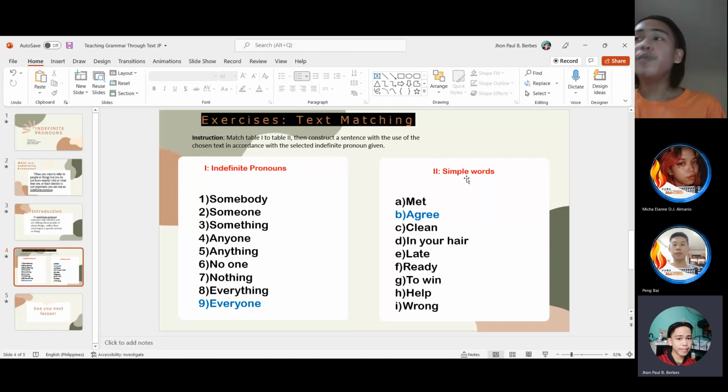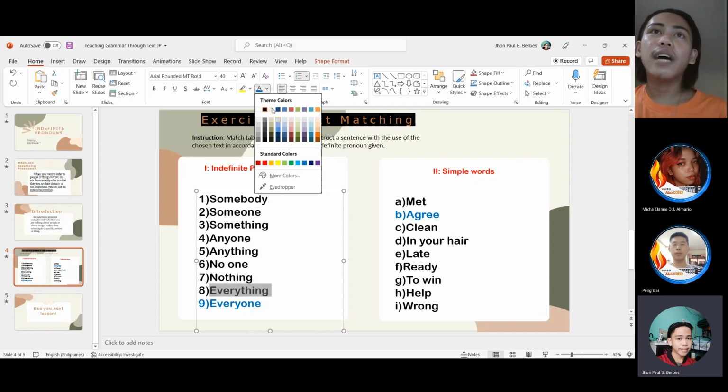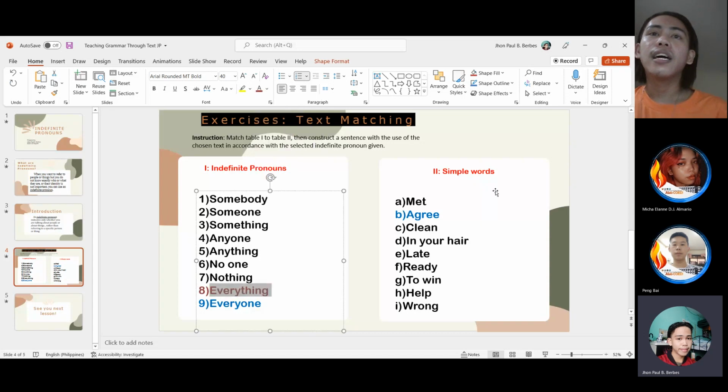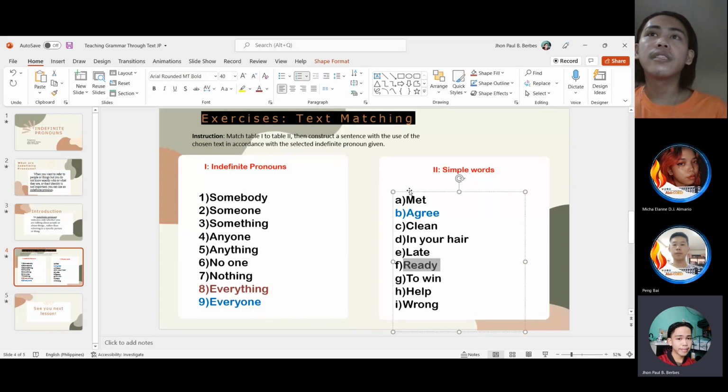And then number two, his sentence is "everything was ready." So he uses everything in table 1. I will just highlight this, everything, and then ready as the simple word in column number 2.